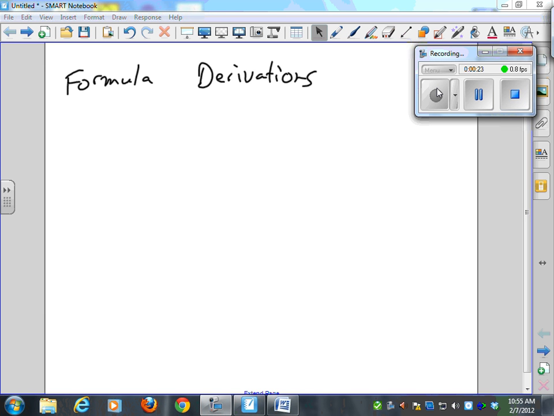Okay. D equals VI. Now, when I multiply that, VI times VF is going to be VIVF. VI times minus VI is going to be minus VI squared, and that's all going to be all over A.